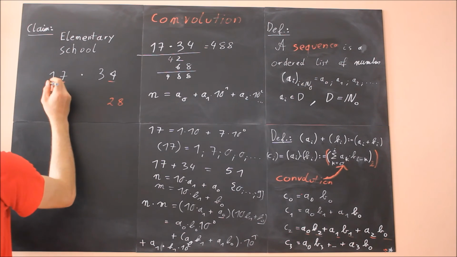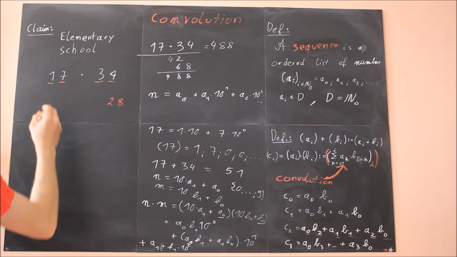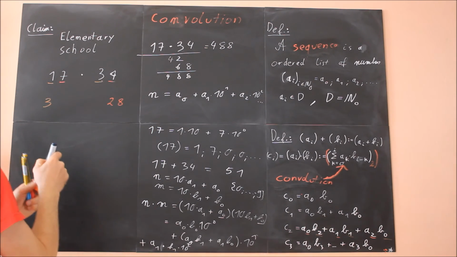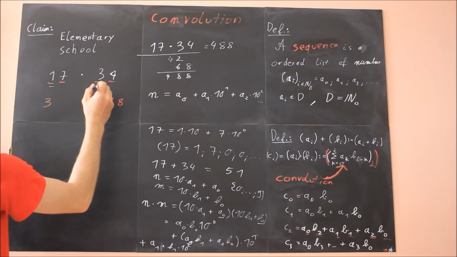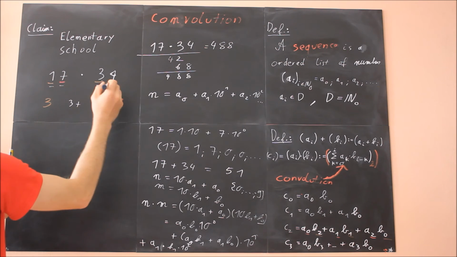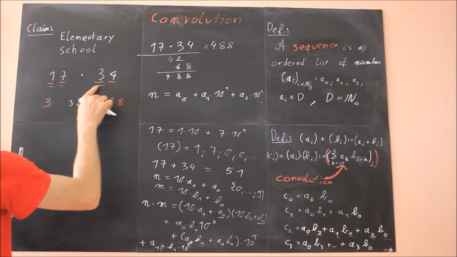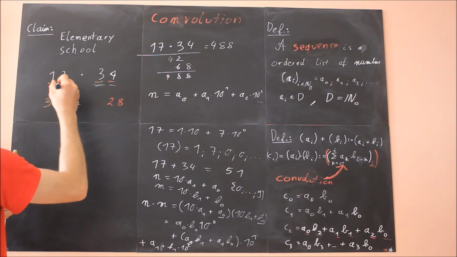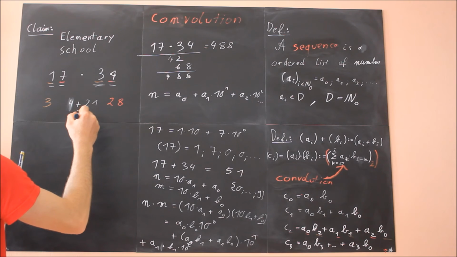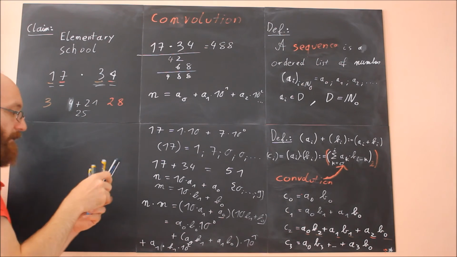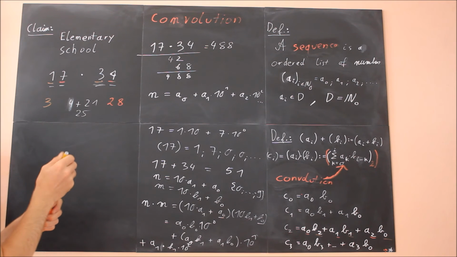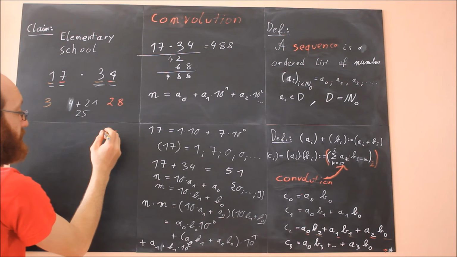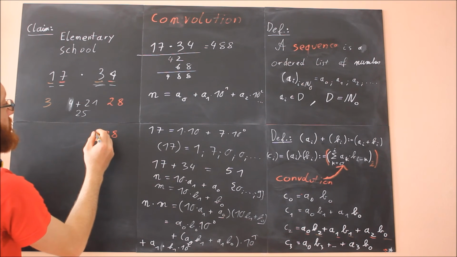And then the middle part is this cross multiplication, so 1 times 3 is 3, plus 1 times 4, which is 4, and 3 times 7, which is 21. This gives us 25, and then we carry them up, so we result in 8, the 2 comes here, 27, the 2 comes here, 5.